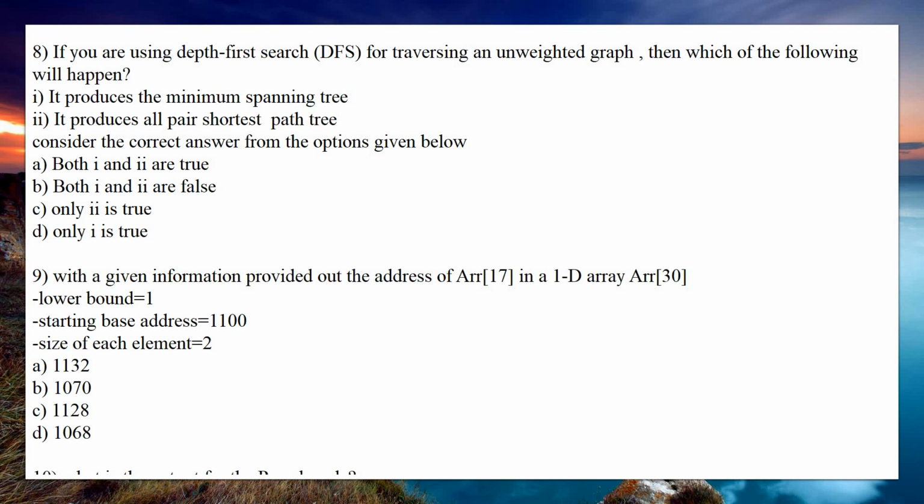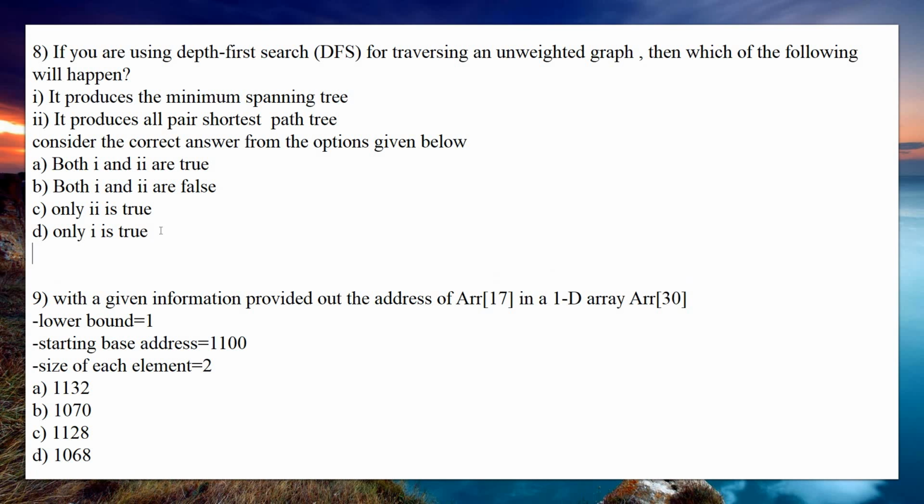If they had asked for a weighted graph, it would be different, but here in the question they have mentioned DFS, which is nothing but depth first search, and particularly for traversing an unweighted graph. So if you are traversing an unweighted graph, it produces a minimum spanning tree.